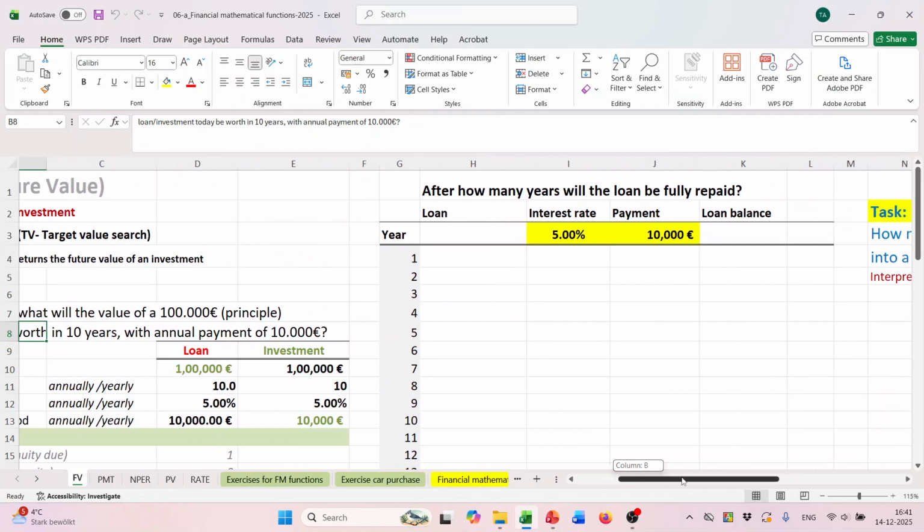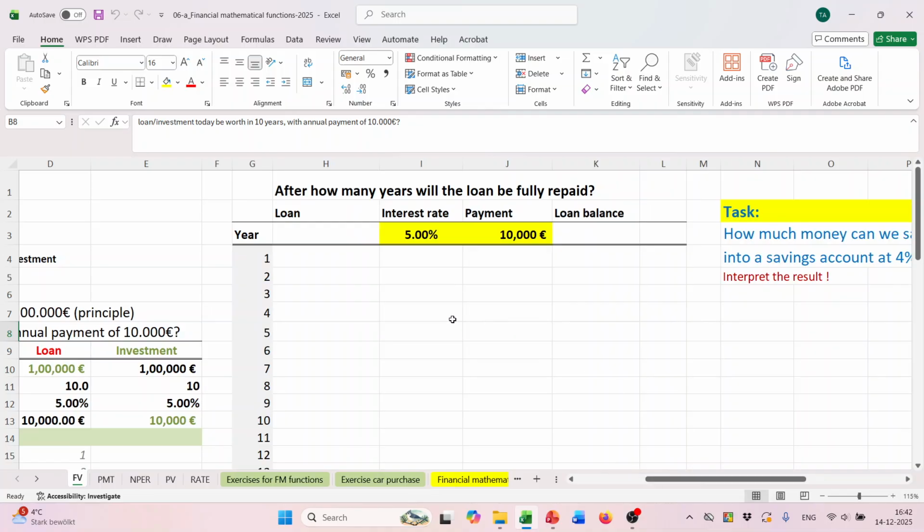First we will try to calculate it with the traditional method, and then we will do it with the Excel financial functions. So first we will use this table for calculating it.